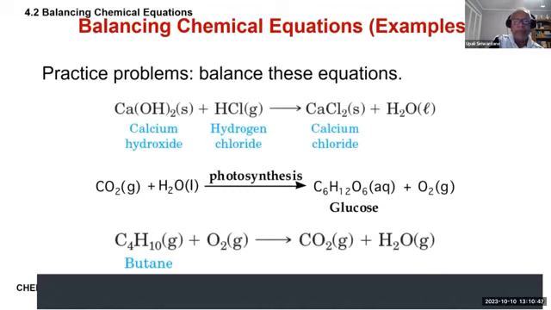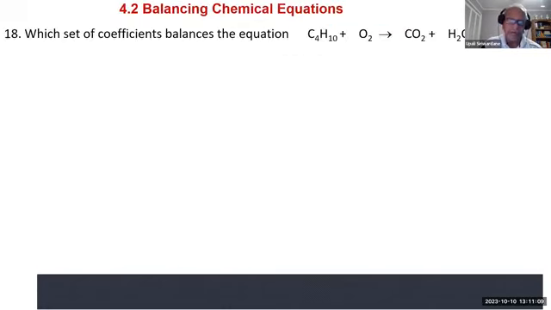When you have a hydrocarbon like the third reaction, butane, if you start with an even number of carbon atoms, you have to put a 2 in front of C4, because that way it's easy to balance. If an odd number of carbon atoms, like C3, you start with 1, easy to balance.